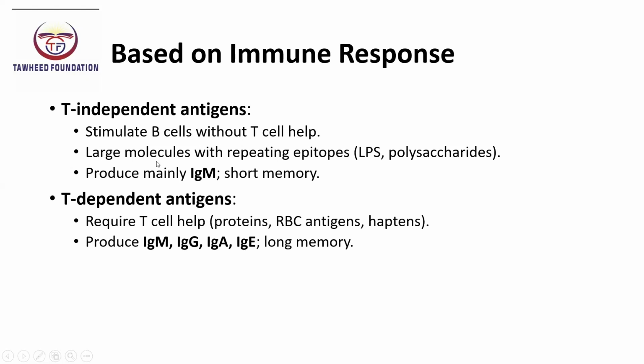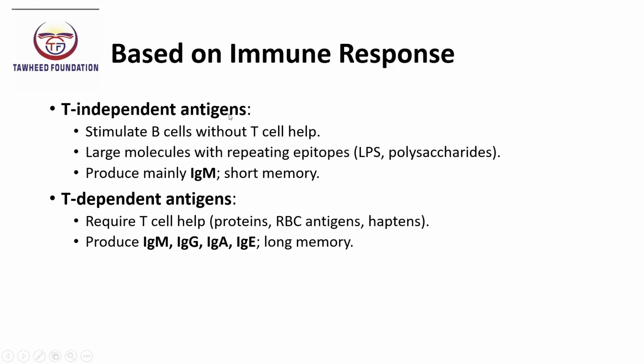They are usually large molecules with repeating epitopes, such as polysaccharides or lipopolysaccharides found in bacterial cell walls. These antigens primarily induce the production of IgM, immunoglobulin M, antibodies and do not generate strong memory responses. As a result, the immunity they provide is often short-lived.